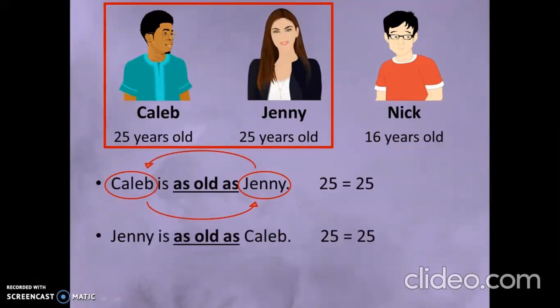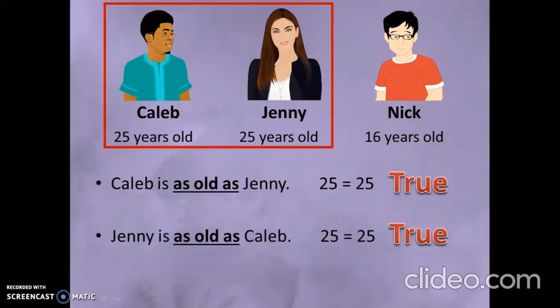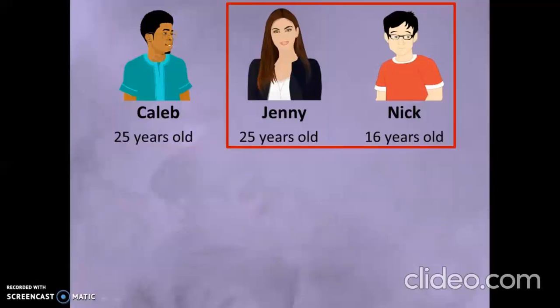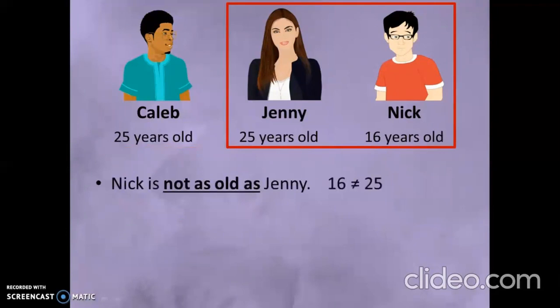Now, if I switch Jenny and Caleb's names in this sentence, I say Jenny is as old as Caleb. Both of these sentences are true no matter which person you use first. Let's take a look at Jenny and Nick. If I compare Jenny and Nick, I could say Nick is not as old as Jenny because 16 does not equal 25.